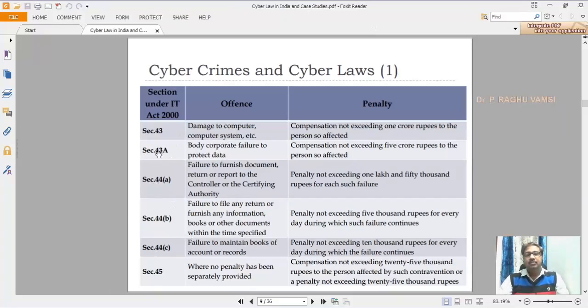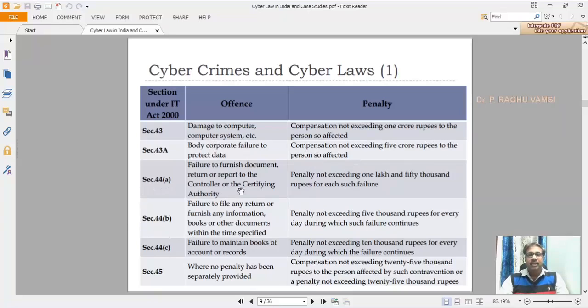If the government feels that this is a matter of national security, then they may completely ban the corporate that fails to protect the data of the consumers or customers. Compensation not exceeding 5 crore rupees to the person so affected.